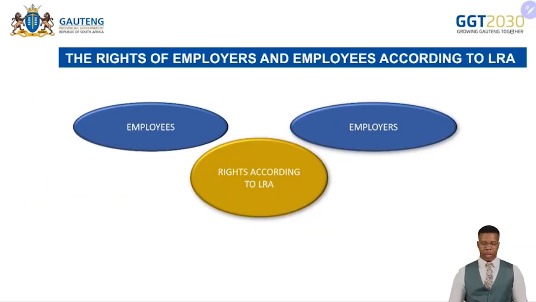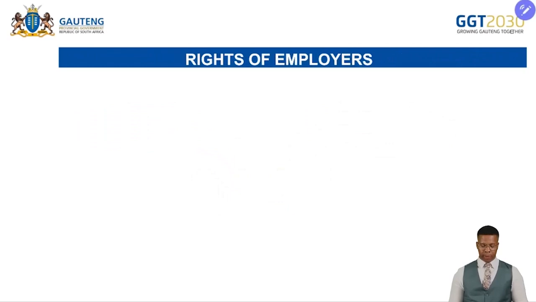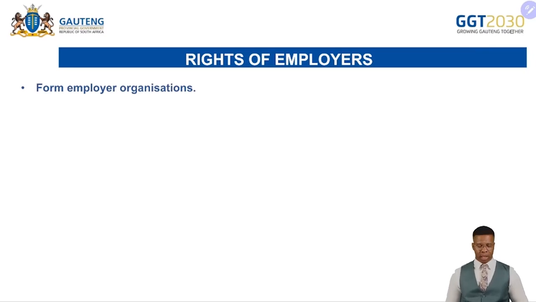And then we have the rights of employers and employees according to the Labor Relations Act. Now, looking into the first aspect, which is the rights of employers. What are the rights of employers? They have the right to form an employers organization which will represent the employer's needs.